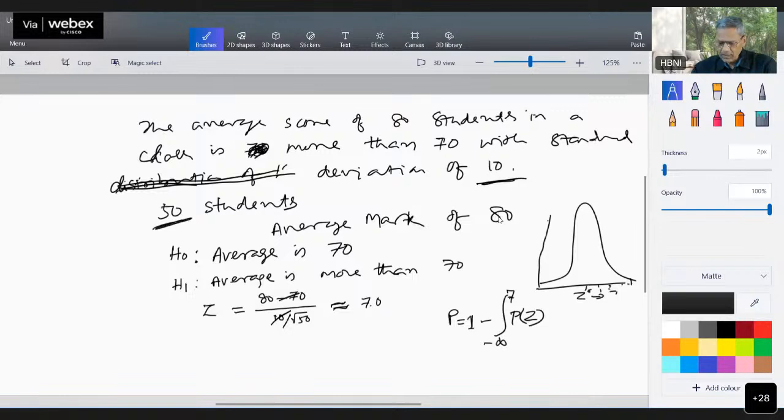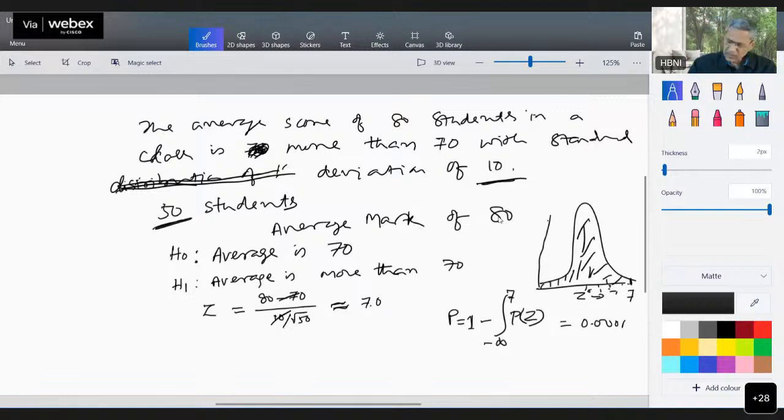If you look into the table for the Z value for this condition, you will find it is a very small number. That means it excludes all those areas from minus infinity up to Z value 7, and beyond that, what is the area remaining? That is very small.